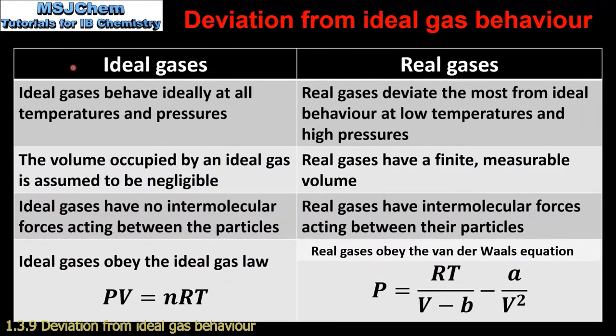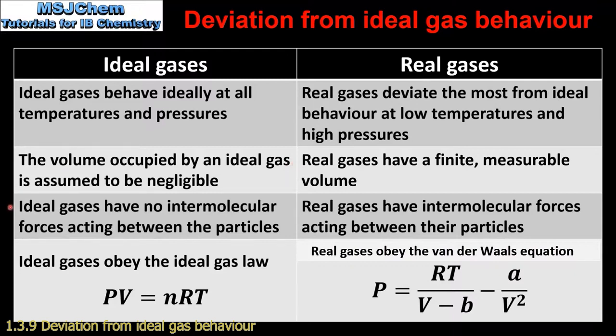We'll end the video with a comparison of ideal gases and real gases. As we've seen, ideal gases behave ideally at all temperatures and pressures. Real gases, on the other hand, deviate the most from ideal behaviour at low temperatures and high pressures. The volume occupied by an ideal gas is assumed to be negligible. However, real gases have a finite measurable volume.